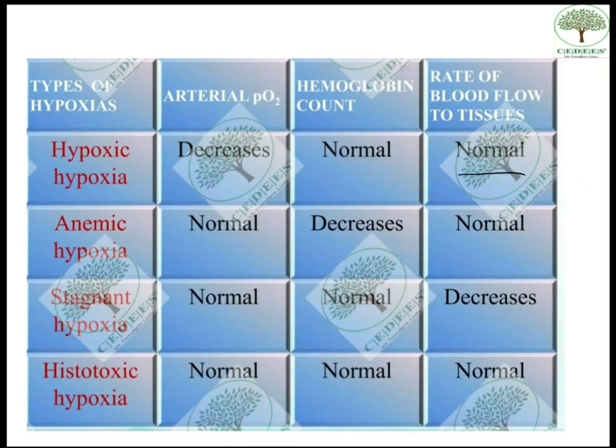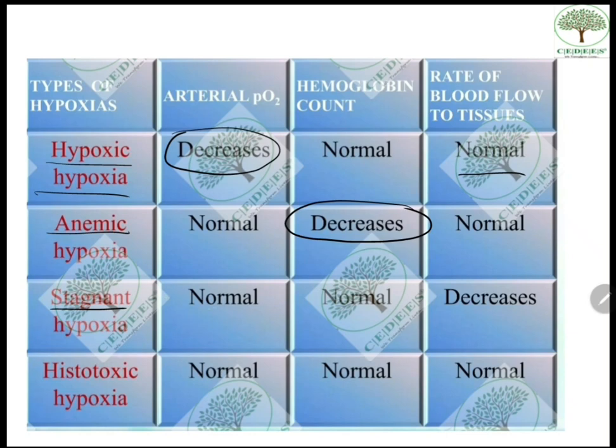So now you can understand, with the help of this table, in this hypoxic hypoxia, this is the only type wherein the arterial oxygen content has actually come down, whereas everything else is normal. In the anemic hypoxia, the hemoglobin count has come down even though the oxygen content is normal. In stagnant hypoxia, both the values are normal, but the rate of blood flow has dropped.